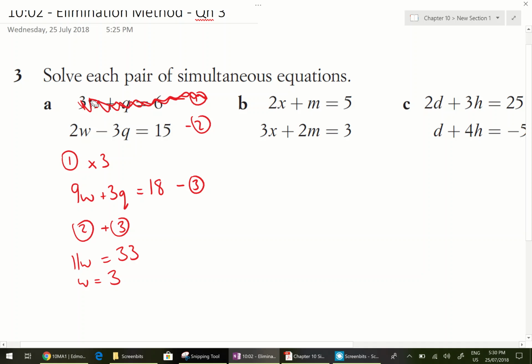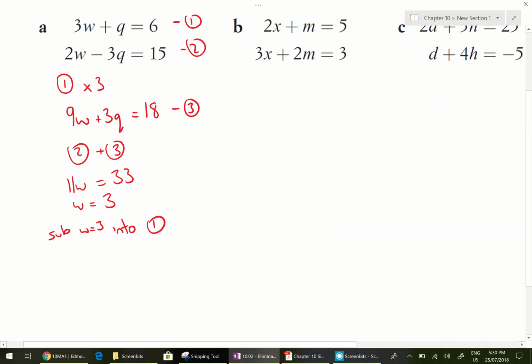I'm going to come back to equation 1 because that's going to be the easiest equation to find out what q is, because it already has q by itself. All we need to do is substitute w for 3 and we'll be able to get the answer for q. So we're going to sub w, which is 3, into equation 1. And equation 1 was 3w plus q equals 6.